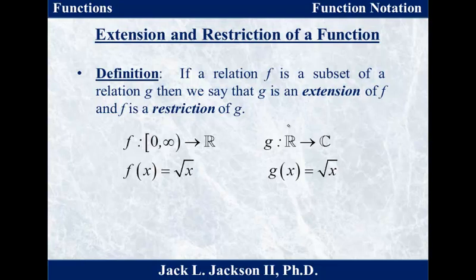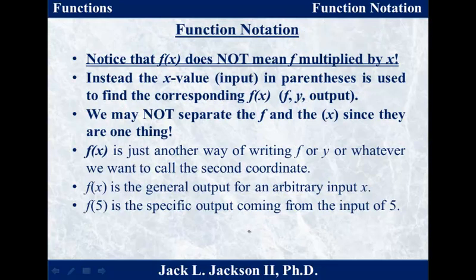We have restricted the domain, and of course we're probably going to restrict the range when we do that as well, but at least we've restricted the domain, so that now we have a smaller set, a subset of points. Okay.